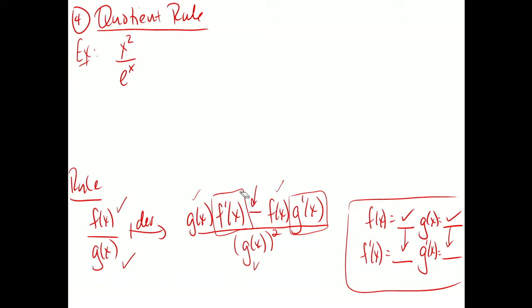Unlike the product rule, where it actually didn't matter which you put first and which you put second, the product rule had addition. This has subtraction. So it makes a difference whether I put these guys and then these guys versus swapping those 2. You're going to get the wrong answer if you swap them. So my only word of caution here is just be careful that you put this in the right order.